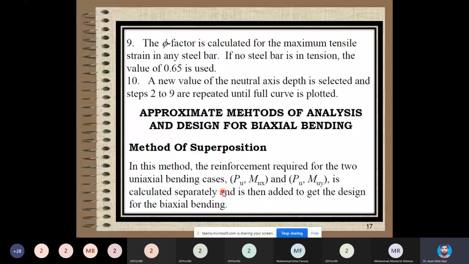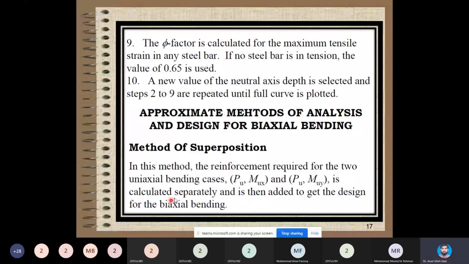But in your subject under PRC2, we want to discuss approximate methods of analysis and design for columns under biaxial bending.